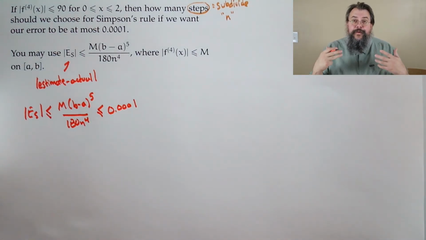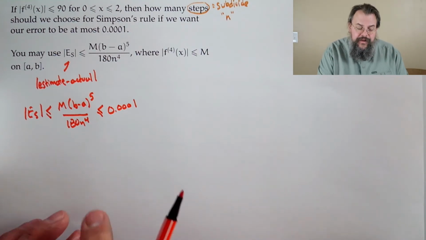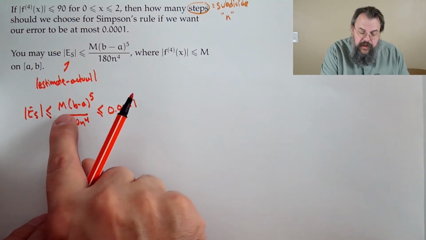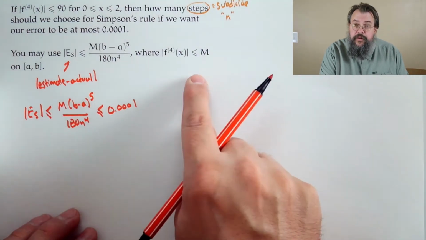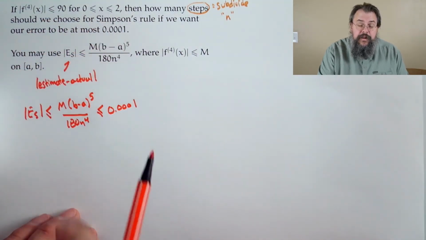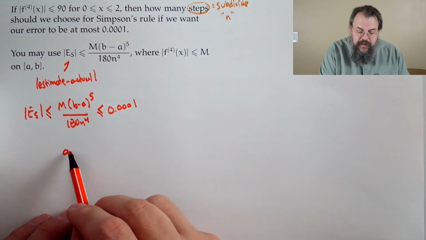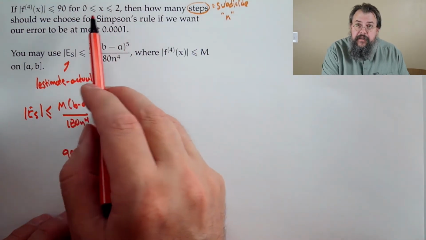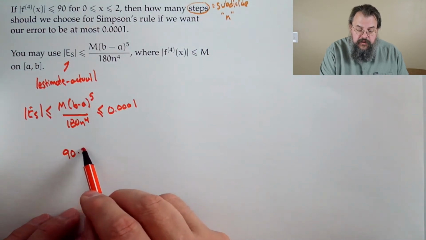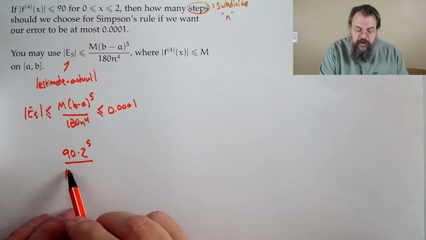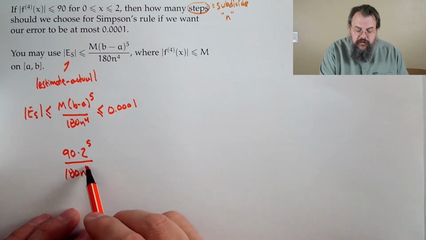Now we have sort of the same process as before. It's like, okay, we want to make this small, plug in what we know. This M is a bound for the fourth derivative, which is why they started by saying, oh, hey, we can bound the fourth derivative. So we have 90, B minus A would be 2 to the fifth, divided by 180, and n to the fourth.